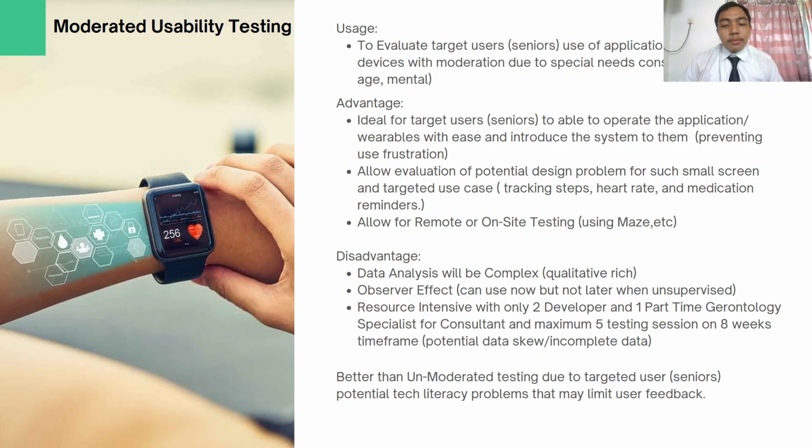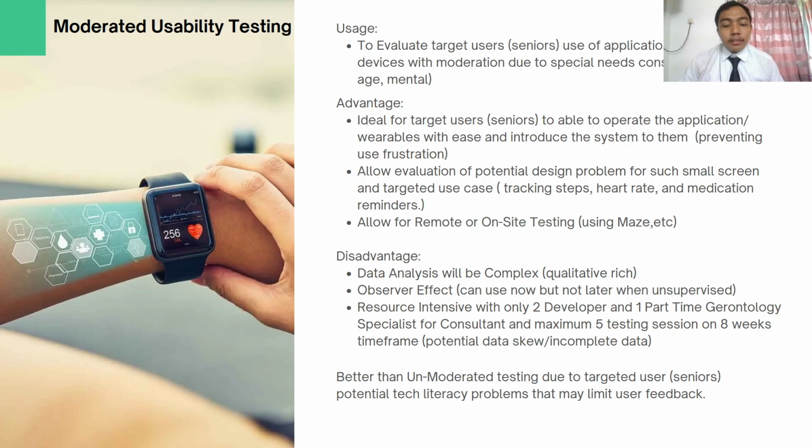But it is better than unmoderated testing due to the targeted users, seniors, and their potential tech literacy problems that may limit user feedback. This technique is very compatible with the previous one, the error and time on task.